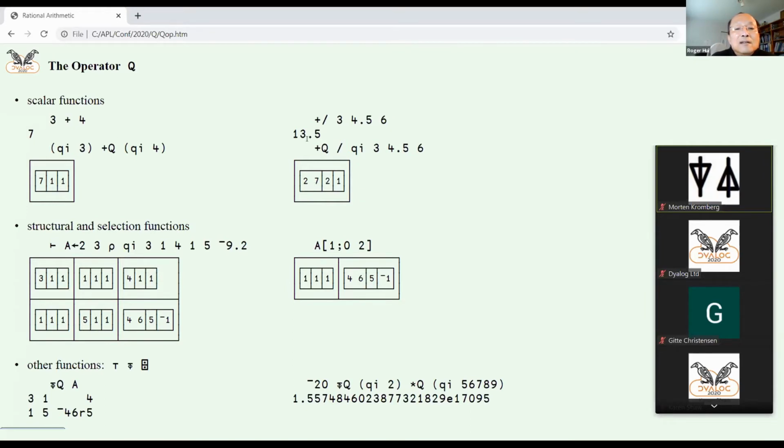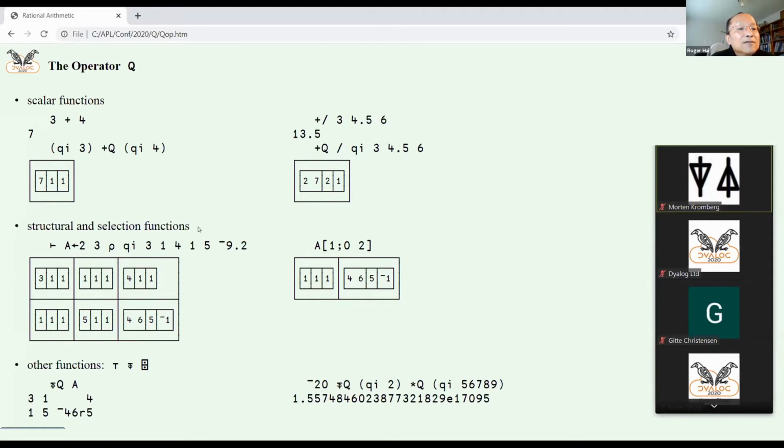So if you have an operator expression involving scalar functions, you just apply Q to the scalar function argument, and it would do it. So this is plus slash on 3, 4, 5, 5, 6 as rational numbers, and you get 27/2 or 13.5.